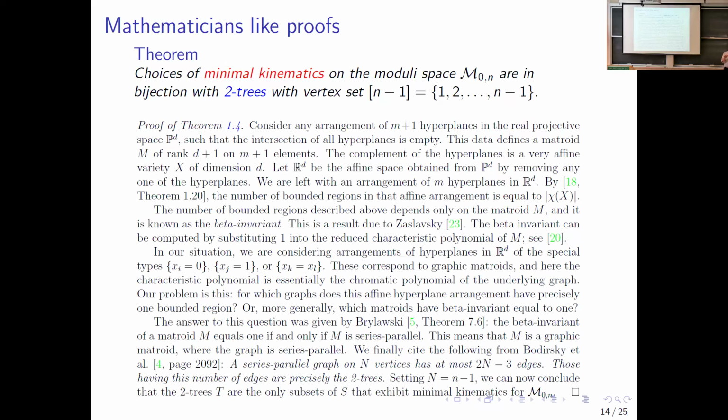So these 2 trees are the maximal, so there's a notion of series parallel matroids, and they're all graphic, and then the maximal series parallel graphs happen to be the 2 trees. That's roughly the story. And that's one direction of the proof. And the other direction of the proof is the supersolvable fibration that kindly was mentioned in the first talk. That fixes the Euler characteristic. Okay, we are doing great in the time.